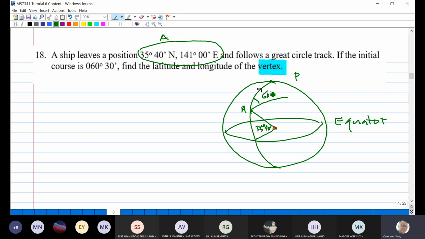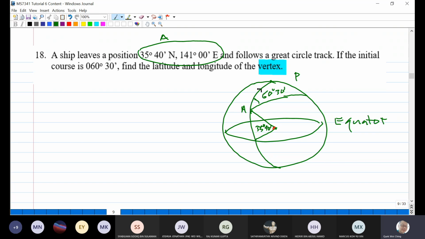From the North, we travel east, so this is the direction of going east. 60 degrees 30 minutes. So you move along a great circle. Find the latitude and longitude of the vertex.